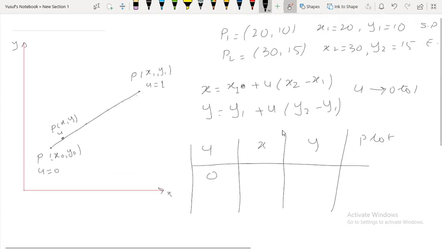First put u equal to 0. You will get the answer 20, 10, so you can plot point 20, 10 of the line.